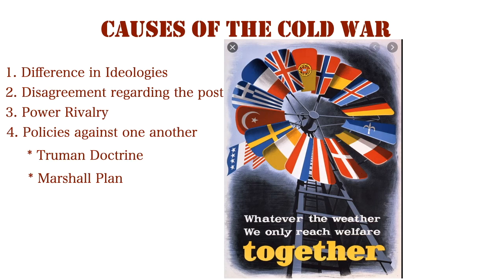Then we have the Marshall Plan. The Marshall Plan was also a foreign policy of the United States. This policy was an economic aid program, unlike the Truman Doctrine, which was more focused on military. So Truman was more of a military pact, and the Marshall Plan was more of an economic aid program.